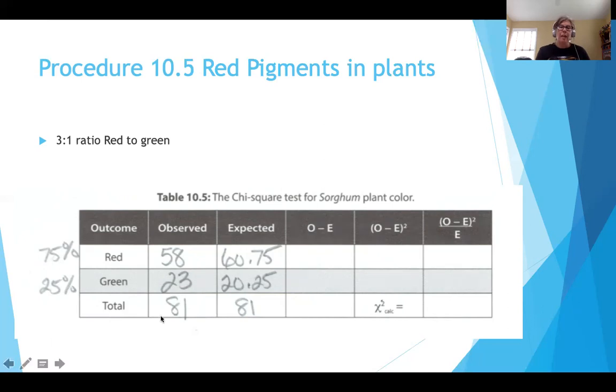So you're going to go 81 times 0.75, and that's going to give you your expected for your dominant. Then you take your 81 times 0.25, and that's going to give you your expected for your recessive. And notice they do add up. Then you're going to finish the table, get your calculated chi-square value, and then answer the questions.